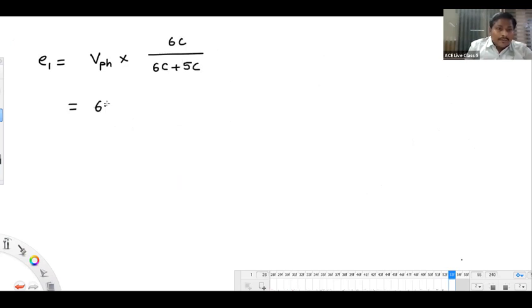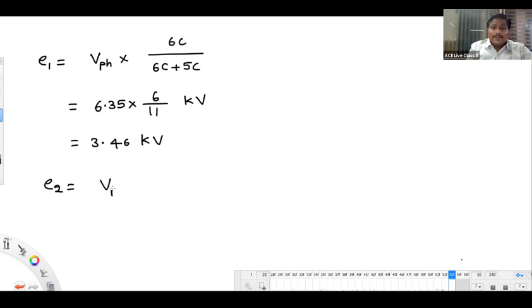V phase is 6.35 kV and it is 6 by 11. I think you may get this value 3.46 kilovolts.